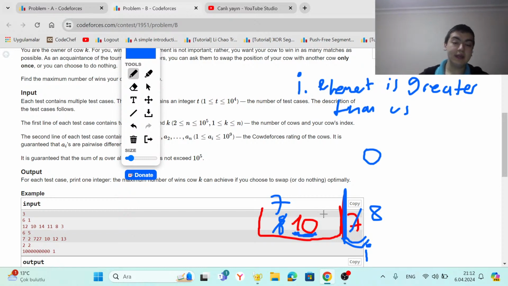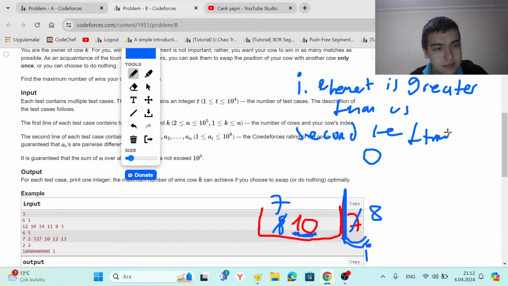But there can be a number to the left of I that is greater than us too, like this 10. So what is the index of this number? It is the second leftmost element that is greater than us.